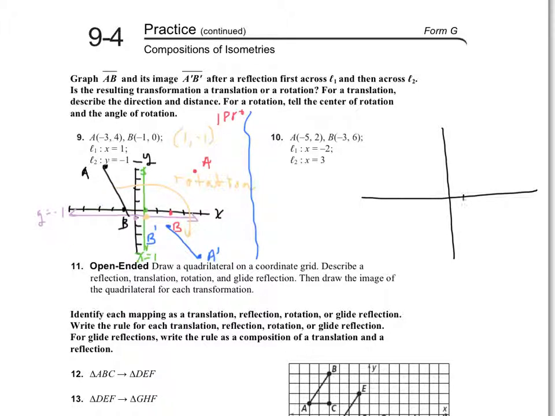All right, so we're going to sketch this one. I think I should be good here. Just pre-planning, seeing if I have enough room.